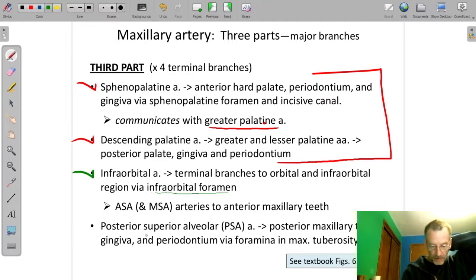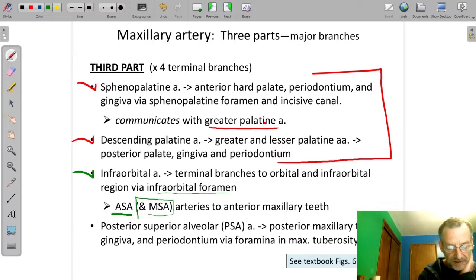And the IO artery, the infraorbital artery, gives rise to the ASA, the anterior superior alveolar, and the MSA, if it's present. Not everybody has an MSA, so it's variable. And those supply the maxillary teeth. And then we also have the PSA.